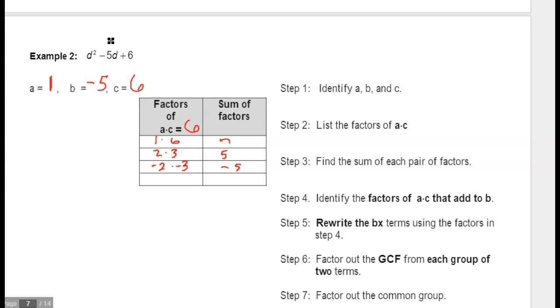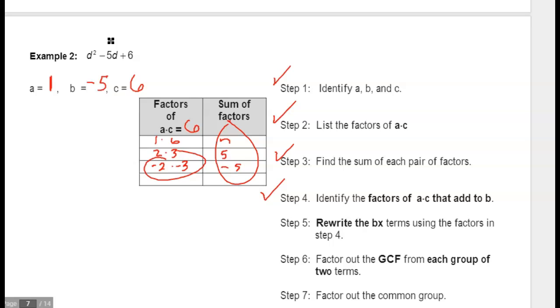So we've done this. We identified our A, B, and C. We listed our factors. Okay, we found the one that worked. Okay, find the sum of each pair of the factors. We did that. That's written over here. Okay, we found the one that adds to the B.